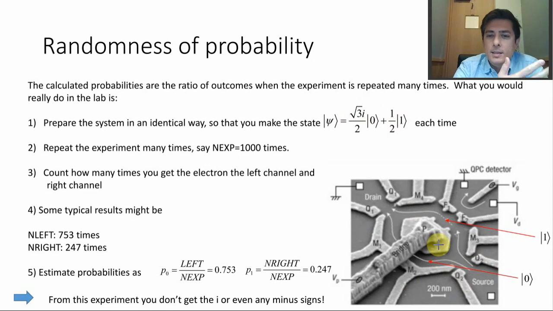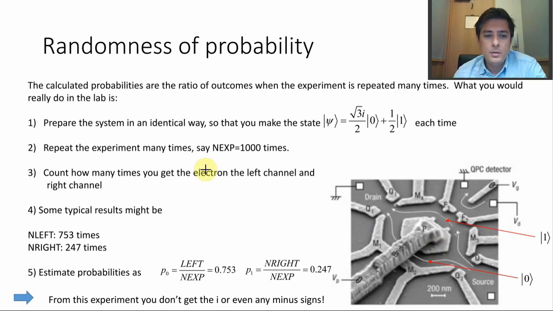But that doesn't actually tell you anything about probabilities, because it's like flipping a coin. You get heads once. That doesn't tell you if the probability of getting heads was 50-50, as you might expect, or maybe it's some very biased coin and you always get heads. You need to actually repeat the experiment a lot of times, and then you can work out what the probabilities are.